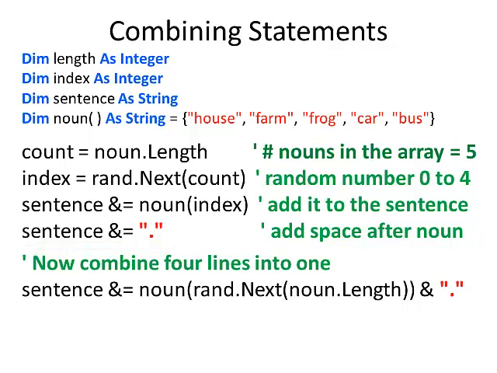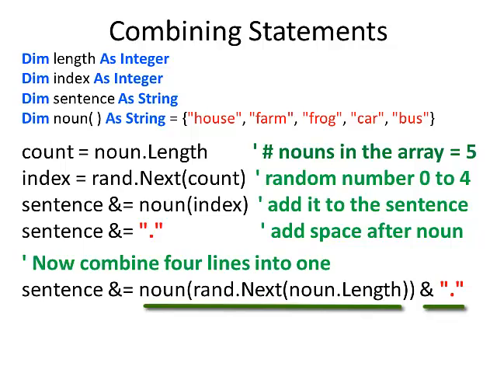Now let's combine all 4 lines into one. Let's start off with the innermost parentheses first. Noun.length is going to be a 5 because there are 5 strings inside the array called noun. Rand.next sub 5 is going to give me a number somewhere between 0 and 4. Let's assume I get a 2. Then I have noun sub 2. In this case, it's frog.